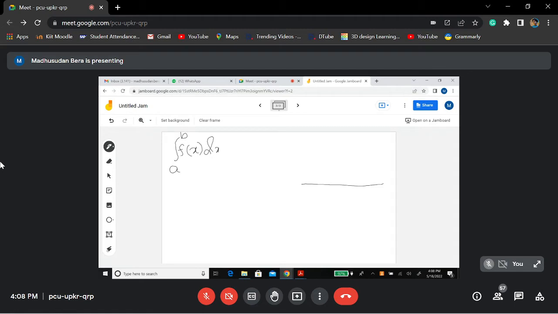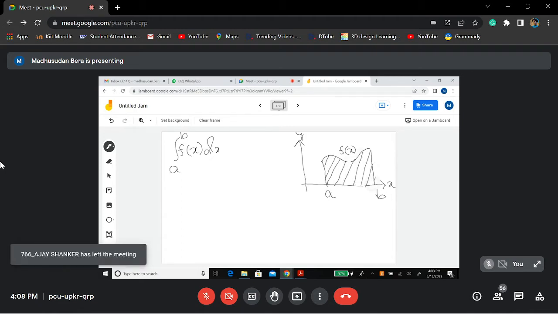Area of which portion? Suppose this is the y axis, this is the x axis. Then suppose in between a to b, this is the curve. This is the point A, this is the point B. Suppose the curve is f x, then this area represents the integration a to b f x dx.